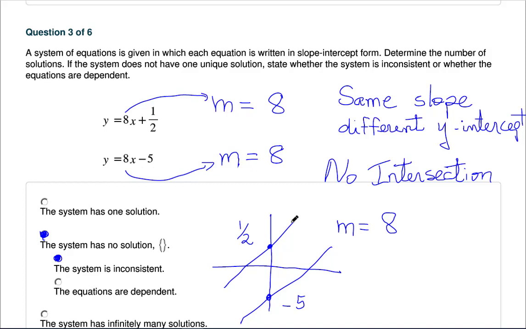Therefore, they are parallel lines, and since they are parallel lines, they will never intersect. Here's the first one crossing at 1/2. Here's the second one crossing at -5. So the system has no solution, and we say that the system is inconsistent.